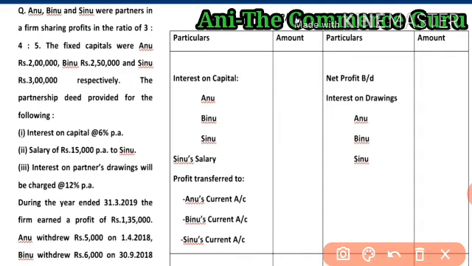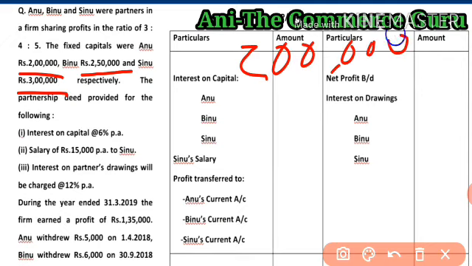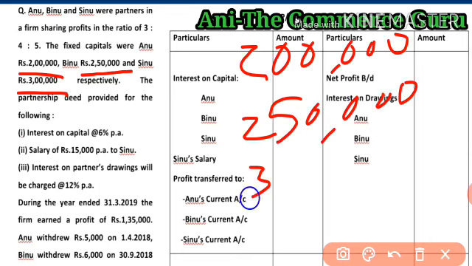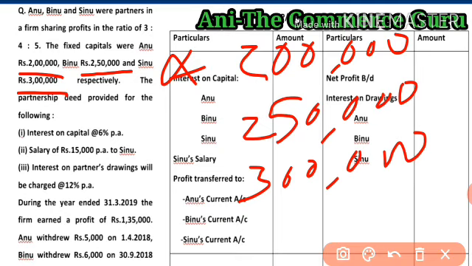The next sentence is, the fixed capitals were Anu rupees 2 lakh, Binu 2,50,000 and Sinu rupees 3 lakh. So capitals of partners also given there. Anu 2 lakh, Binu 2,50,000 and Sinu 3 lakh contributed as their capital to the firm.